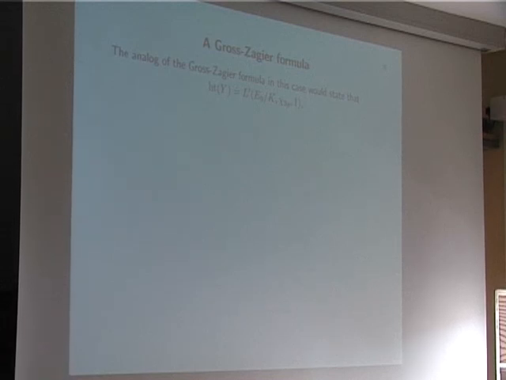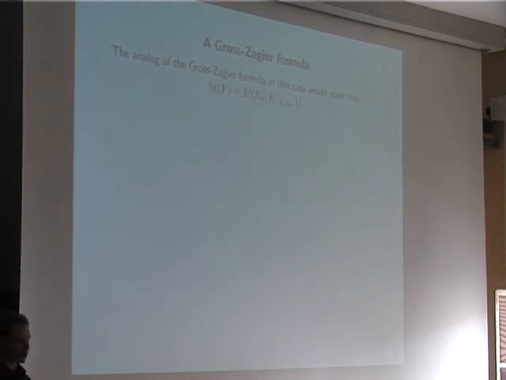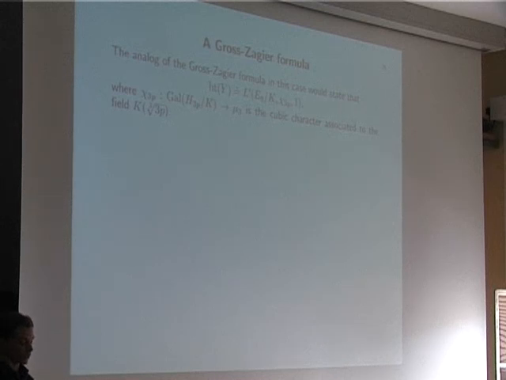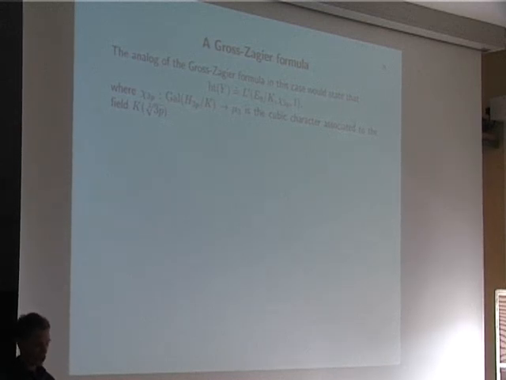If you believe some kind of Gross-Zagier formula should hold, it would look like this. The height of a CM point y is, up to some factor, the derivative of, let's say, E9 over k, but now I'm considering not the quadratic twist but the cubic twist. So I have to consider this cubic character associated to the field k adjoin the cube root of 3p.